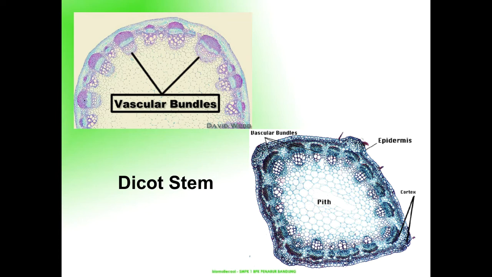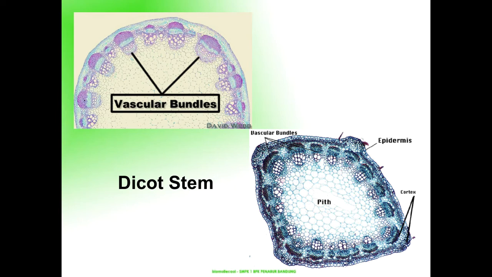Secondary growth will enable a stem to grow so big, so wide. That's why the dicot plants, including the gymnosperms, have a very wide, very large stem.